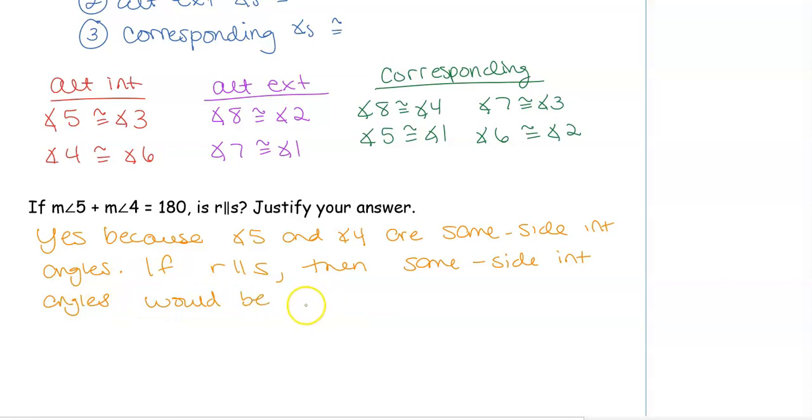And we know that supplementary means they add to 180. So remember, when you're doing your explanations, make sure that you answer their question, use mathematical support, and correct vocabulary. So if they're supplementary, which means they add to 180.